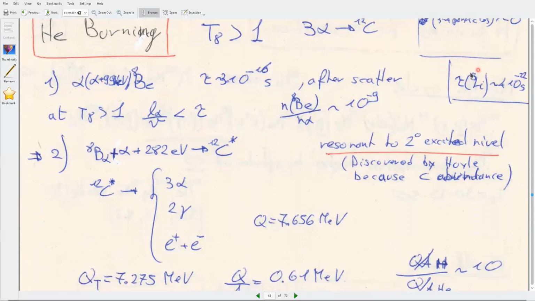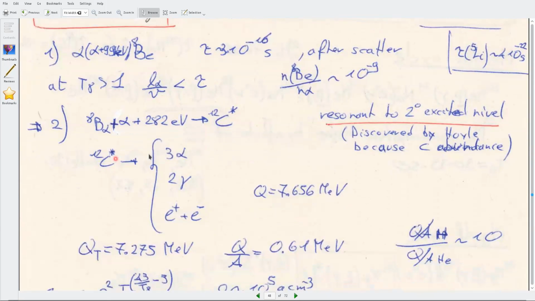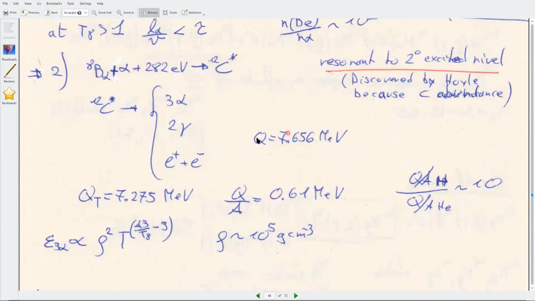Just here to have an idea, the time for lithium-5 to be formed, produced with helium and a proton, is even less, 10 to the minus 22 seconds, really unstable. But lithium needs to be lithium-6. The production energy is not so much.